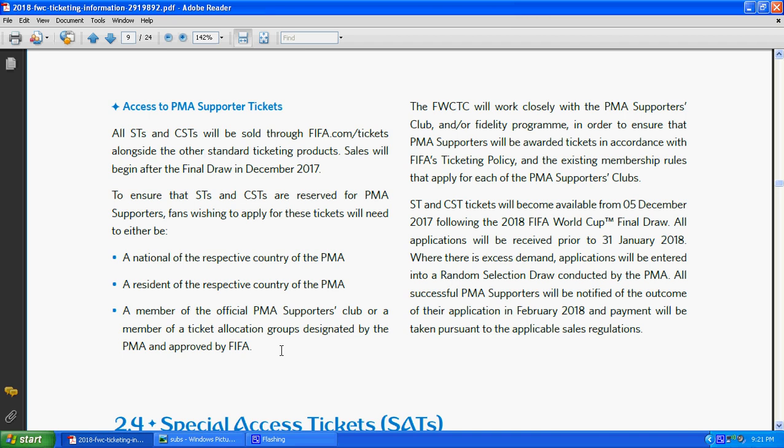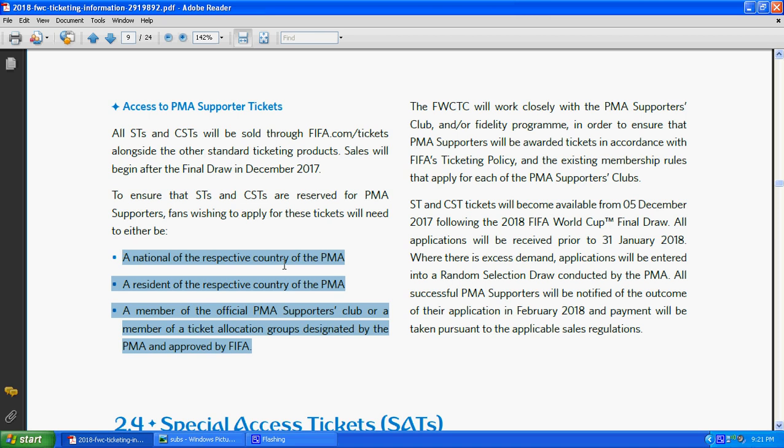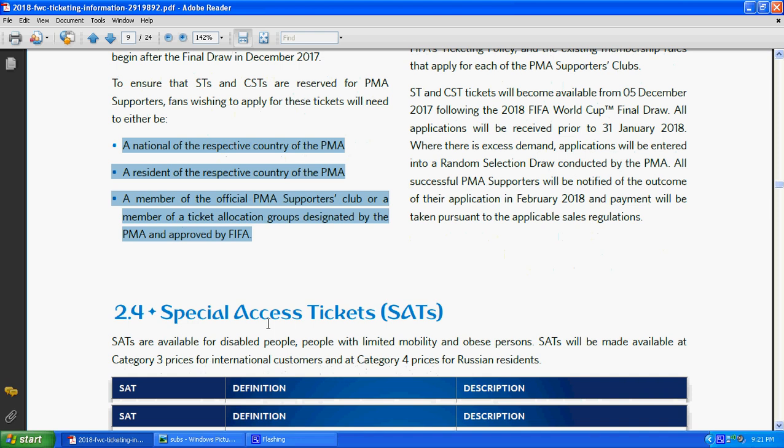And the last thing is, if you are not a citizen and not a resident, but you are a member of AIFF. So either of these has to be fulfilled. These were the three conditions. If any one of these is fulfilled, then you can apply. Okay, so I hope that is off the table and it's clear.